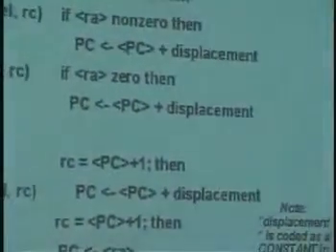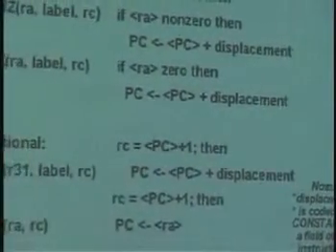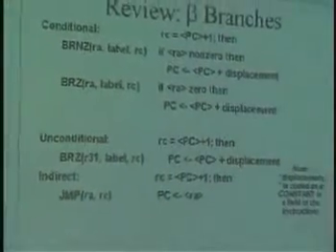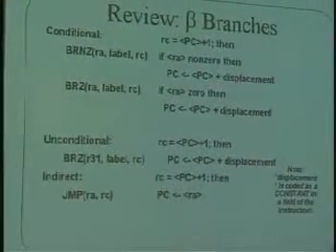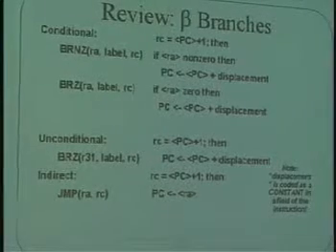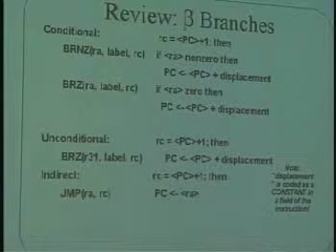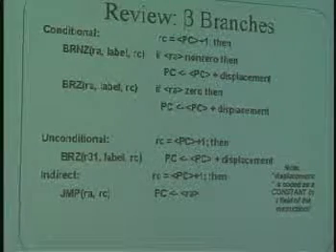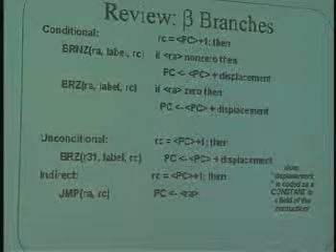Okay, let's take a look at branches. First, let's review how they work. Branches are these things that test register A, and depending on whether or not the contents of register A are 0 or not 0, and depending on what kind of branch we have, whether we have a branch that checks for not 0 or a branch that checks for 0, we conditionally update the PC with an increment of where we are right now.